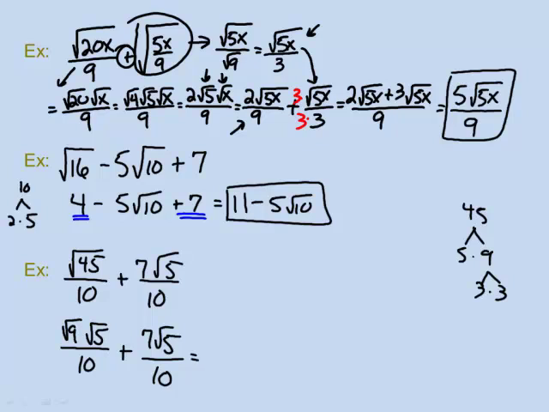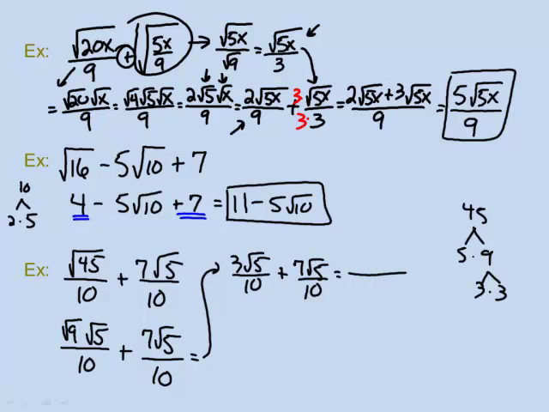That now gives us square root of 9 or square root of 3 squared is 3 square root of 5 divided by 10, plus 7 square roots of 5 divided by 10.